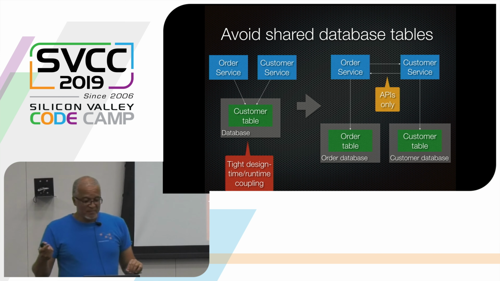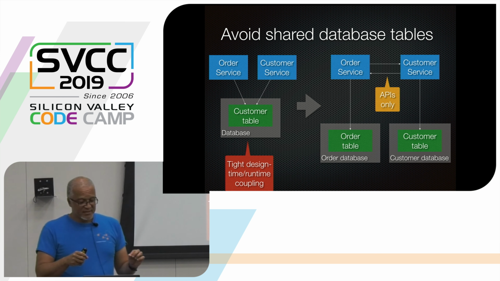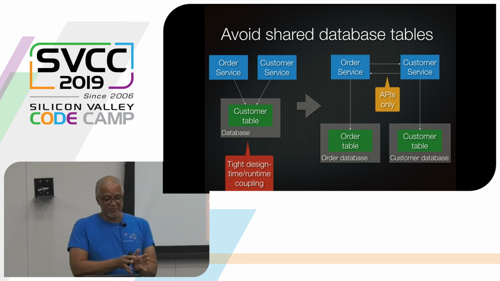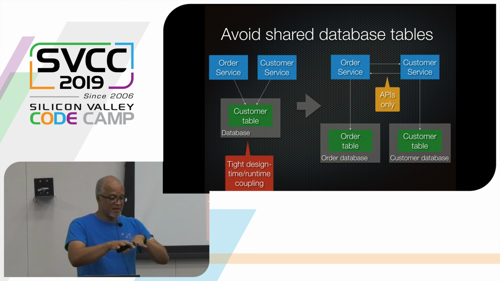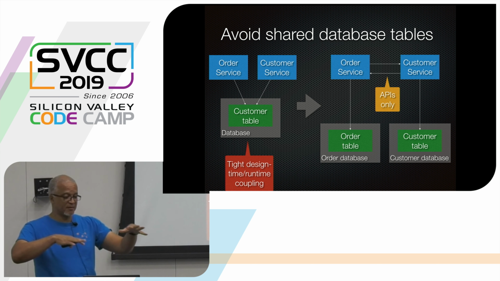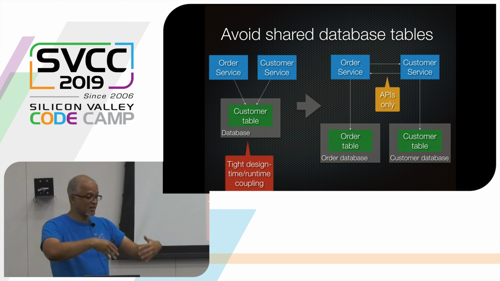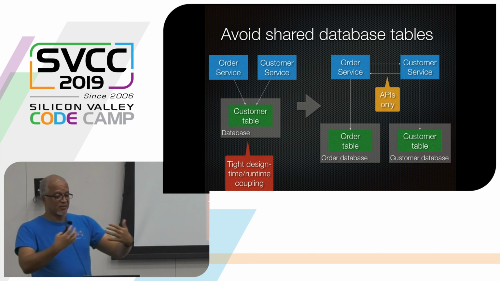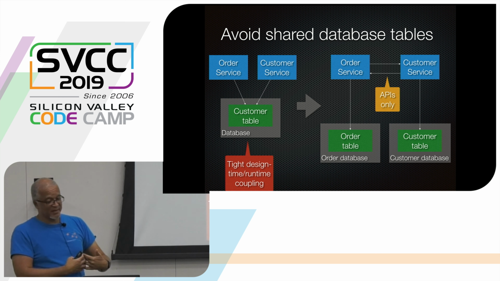And this also means that you should avoid shared database tables as well, because sharing of tables is both design time coupling, like schema changes have to be coordinated amongst all of the teams whose services access that table. So that slows things down and ultimately can prevent you from changing the schema.